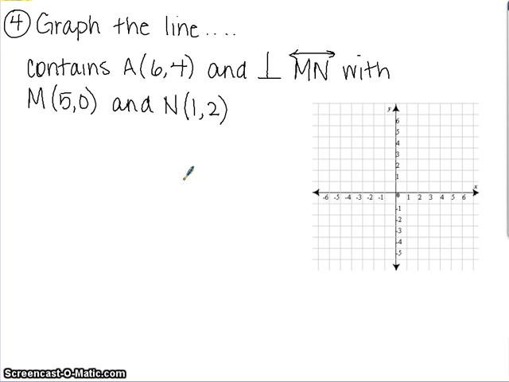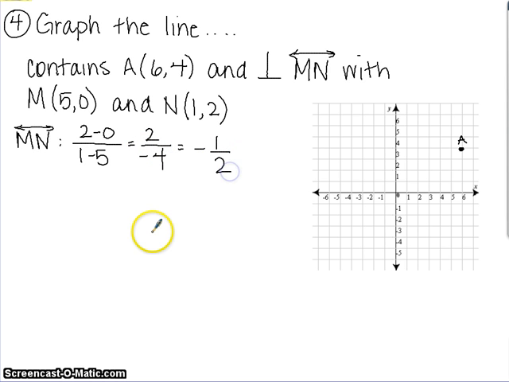All right, so it looks like we have a point to start with. If we start at 6, 4, 1, 2, 3, 4, that's the point that we're going to start with. That's A. We want to use a perpendicular slope. Let's first figure out what the slope of MN is, because then we'll know what the perpendicular one is. So 2 minus 0 over 1 minus 5. This would give us 2 over negative 4. Always reduce: negative 1/2.